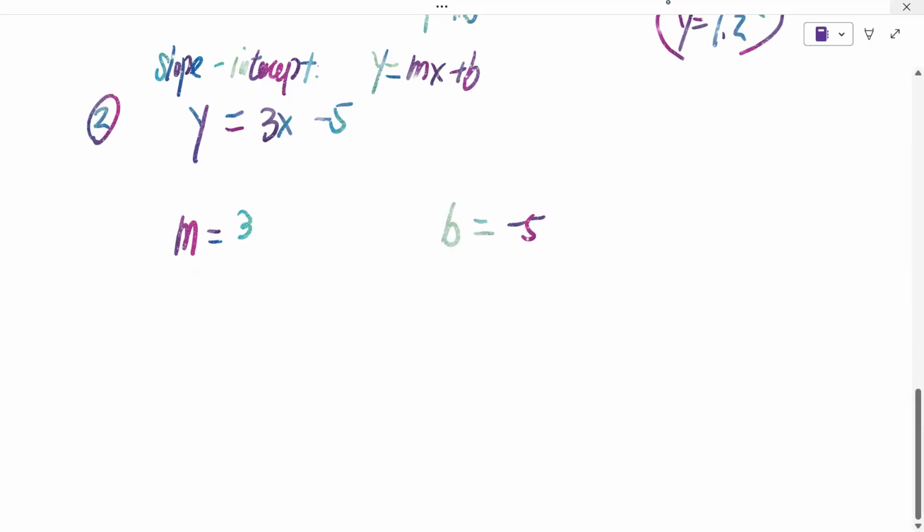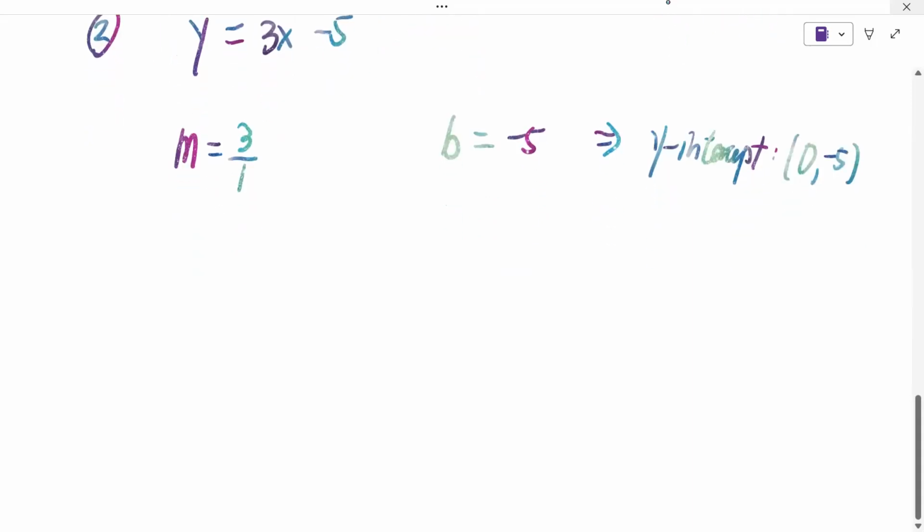So that means the y-intercept is 0, negative 5. And the slope is 3 over 1. And again, we're going to interpret this. In order to graph this, first of all, we put down the y-intercept.